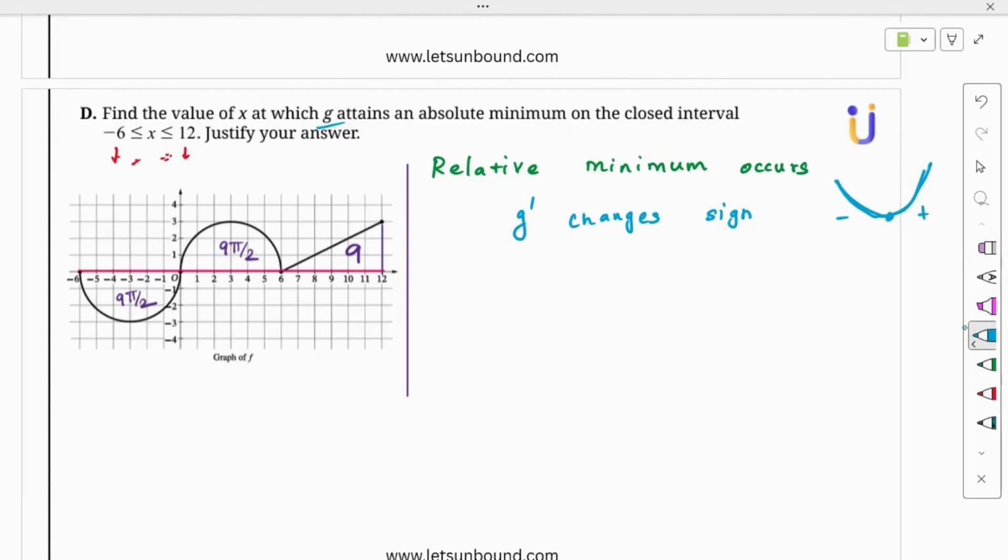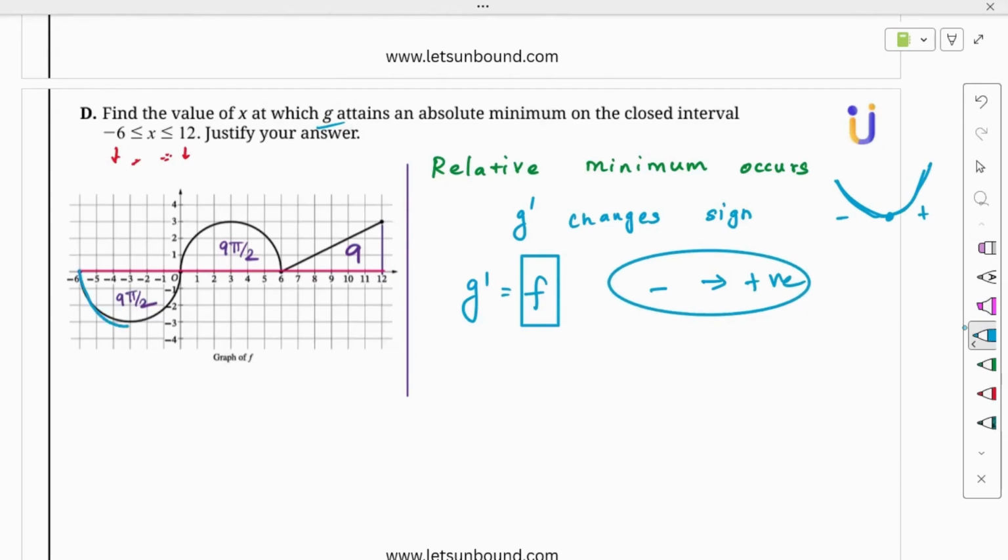G prime equals f. So I need to check f where it changes from negative to positive. This part is completely negative because it's below the x-axis, and it is increasing. After this, it's completely increasing, only above the x-axis.